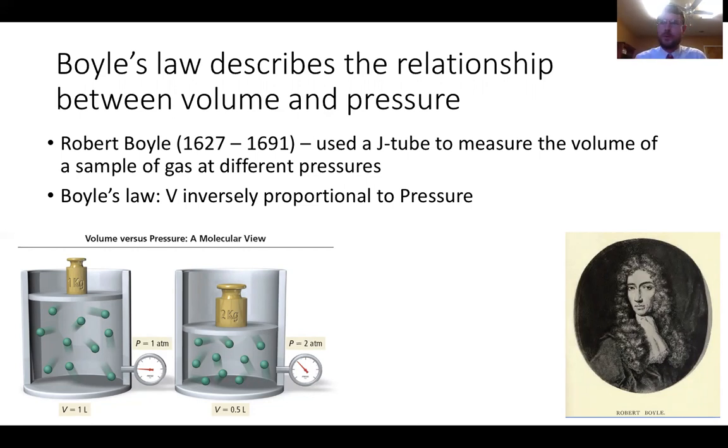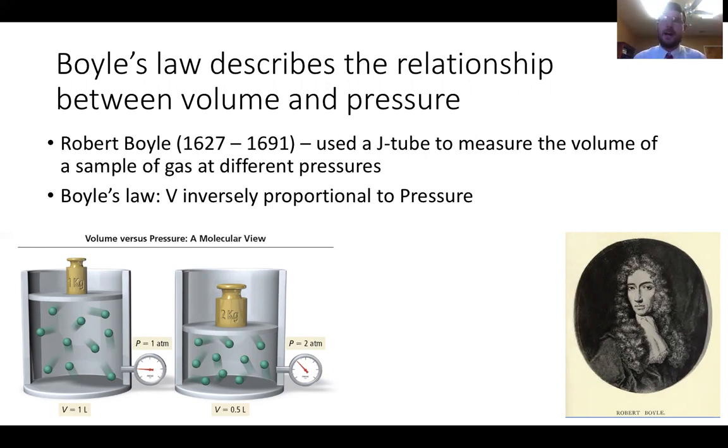What Boyle saw was that volume is inversely proportional to the pressure. What that means is the bigger the volume, the lower the pressure. The higher number for the volume, the lower number for the pressure. So if we were to decrease the volume, we would increase the pressure.